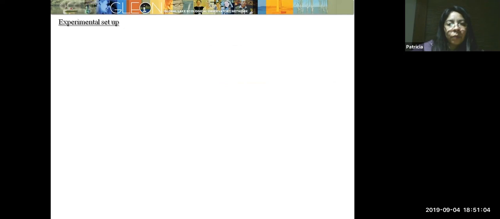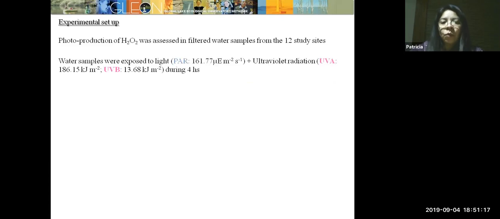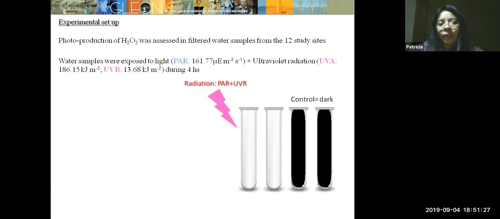We also performed an experiment in which we collected water from the field at these 12 study sites and exposed the water samples to visible radiation and also to ultraviolet radiation. This was during 4 hours.